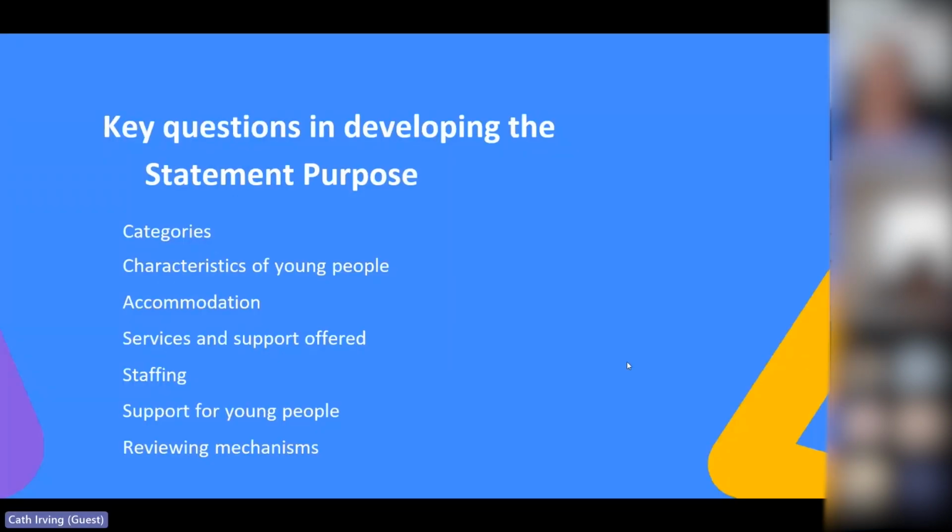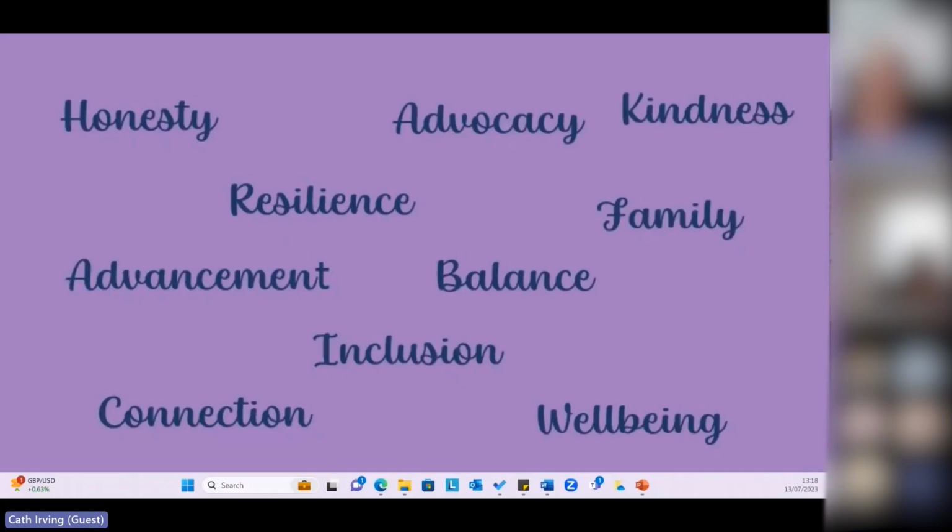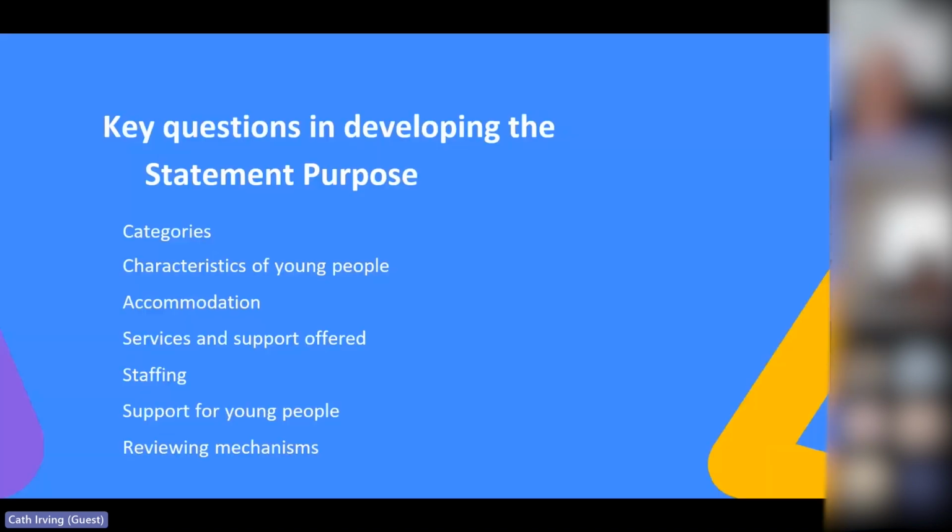So in terms of thinking about the key questions that you're going to be asking, as I said, it is quite a lot of information that's required within there. You're going to look at considering your categories and your characteristics, the accommodation, so detailing that, what services and support are offered, and thinking about your staffing, the support that's offered and how you're going to be reviewing.